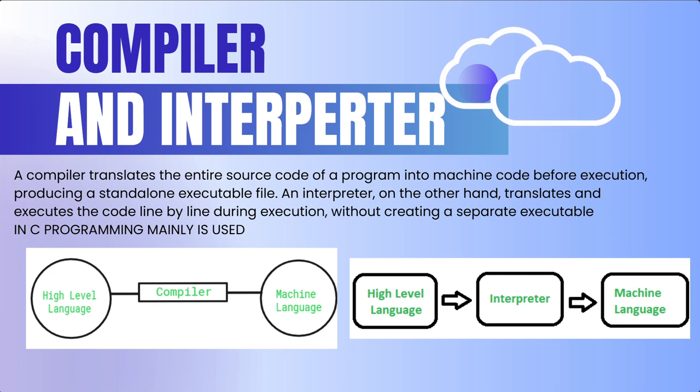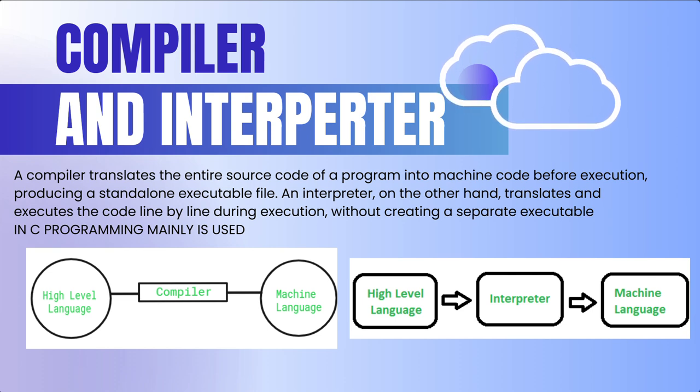The source code will be converted into object code and it will give us an output. So when the entire code is considered and converted into object code, that work is done by the compiler. Whereas an interpreter translates code line by line. Every line of the code, it will keep on checking.